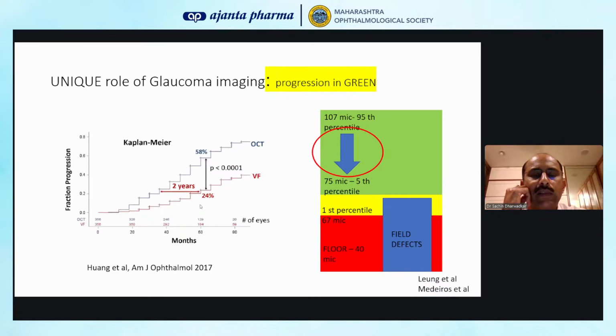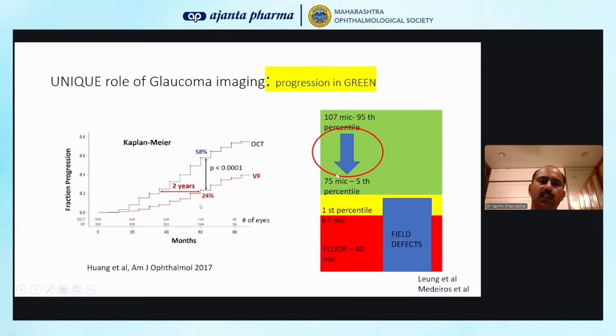Now it is very well established that the changes in the nerve fiber layer on imaging predate the onset of visual field defects, and definitely there is a large change or loss of the nerve fiber layer before an actual visual field defect appears. As you see on the right hand side, the overlap of the visual field loss starts very late in this particular descent curve of the loss of nerve fiber layer.